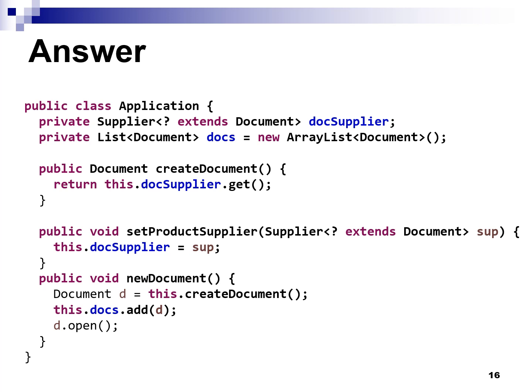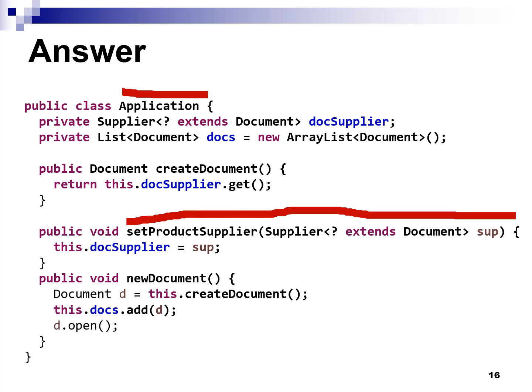So we only need to configure the application with the type of object to create. And what we could do is use a method to configure this application by passing as parameter a supplier.